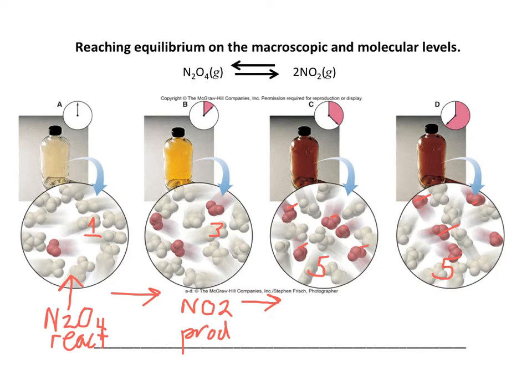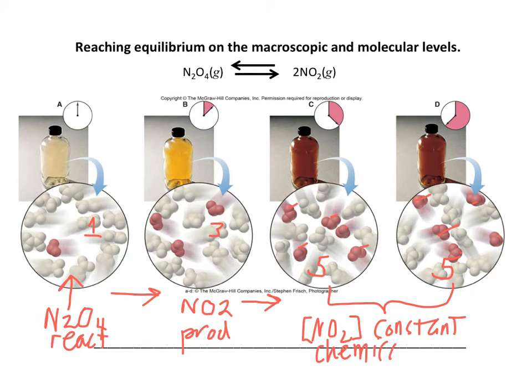So what has happened between these two molecular scenes is that the concentration of NO2 is constant. So we can assume that we have achieved a chemical equilibrium. Okay, so that's what a chemical equilibrium might look like.